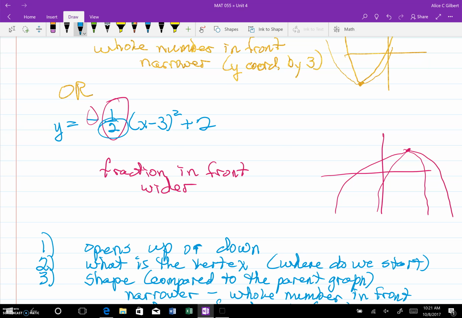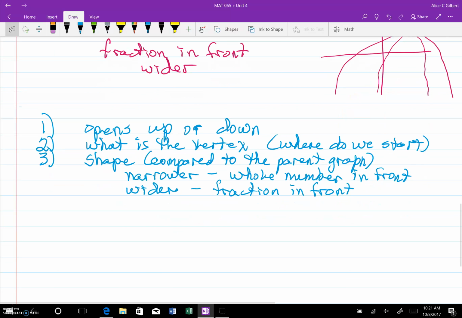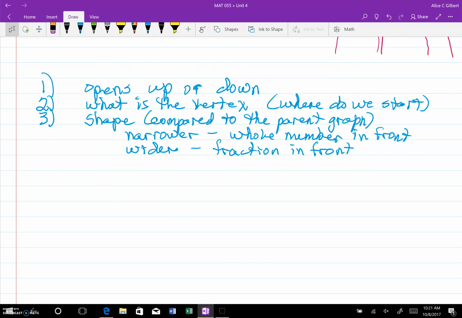So we divide the y coordinate by whatever the denominator is. Okay? So make note of this so that you can be looking at these steps when I'm doing the examples in the next video.